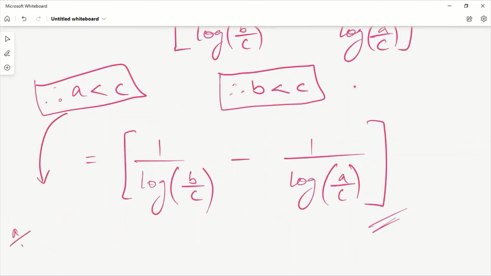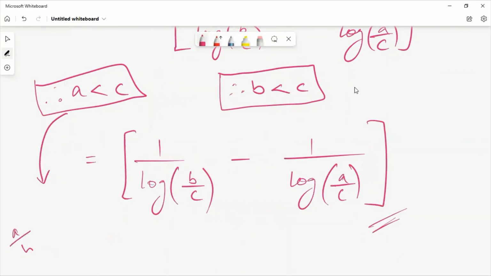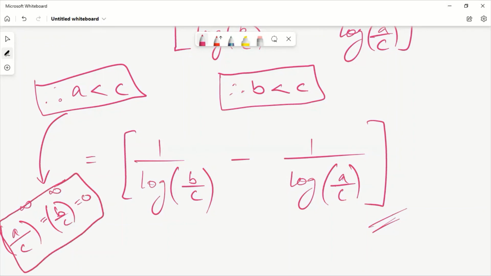Because of this condition, you get to write this statement: a by c whole power infinity is equal to b by c whole power infinity, which is equal to 0. Because of these two conditions, you are going to get this condition, and because of this condition, you are going to get your final answer.